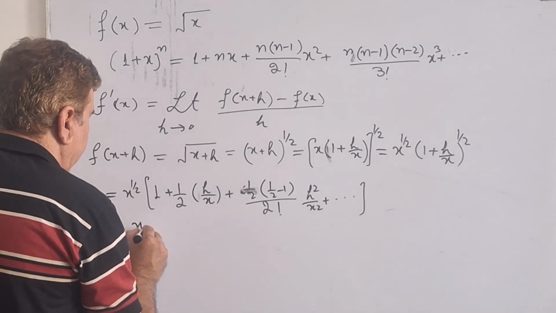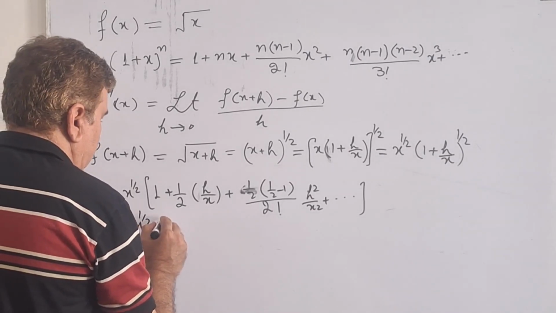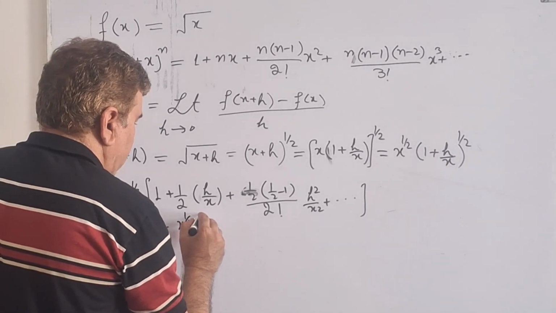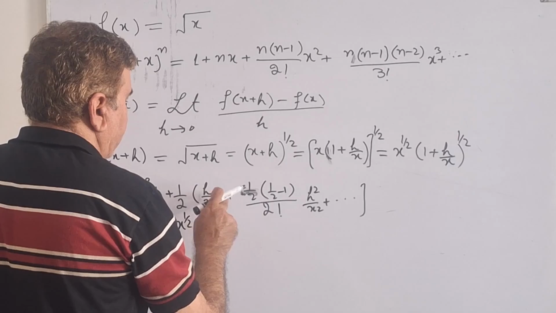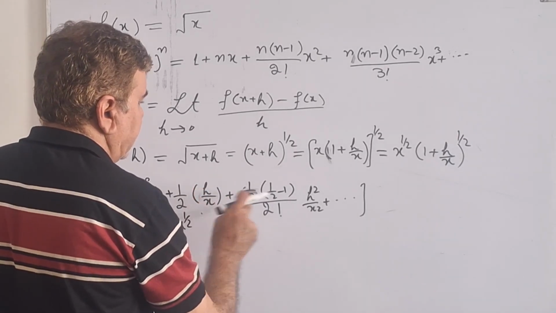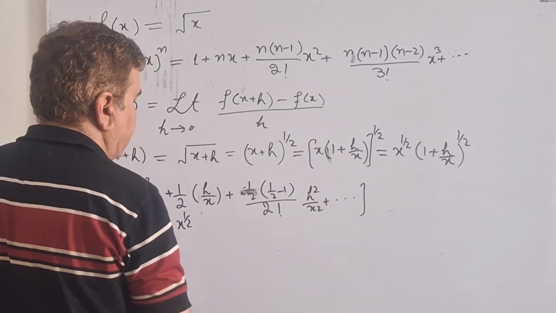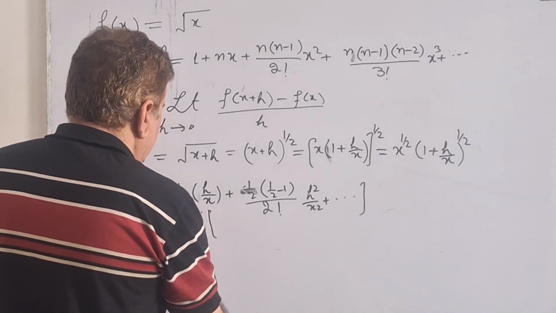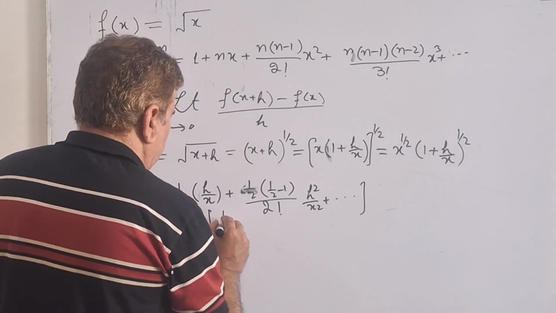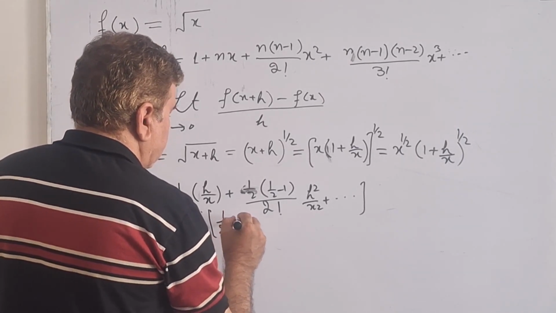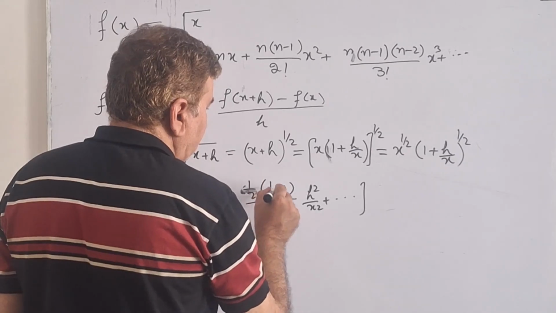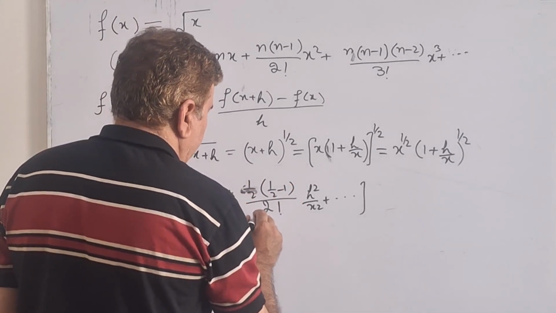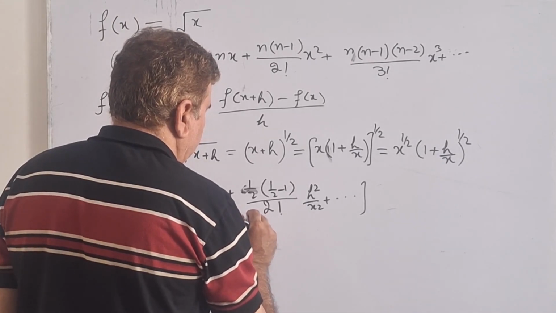I can write this as x power half plus x power half, and I can take h common. Every term has h, so I can write this as half h, and inside the bracket I'll have 1 over 2x plus, this will give me the minus half term, so I can write minus 1 divided by 4.